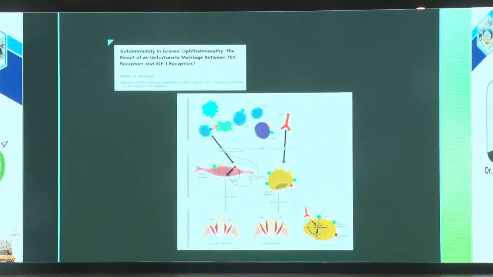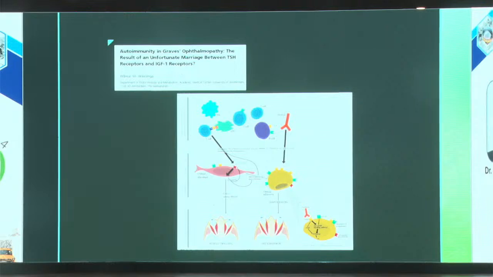But a very important question: why does it happen? Honestly speaking, even today we are not very sure why it happens. But there is an autoimmune mechanism perpetuated by the TSH receptor antibody, in close association with the IGF-1 receptor.